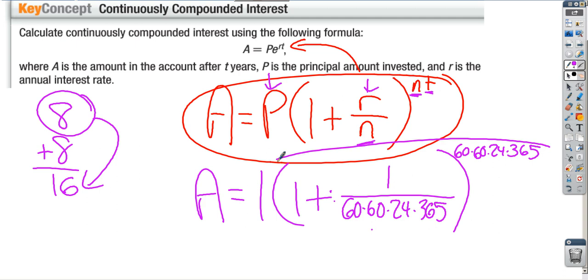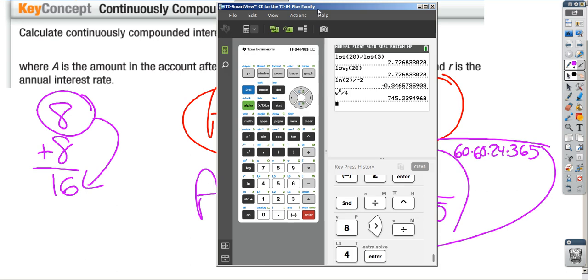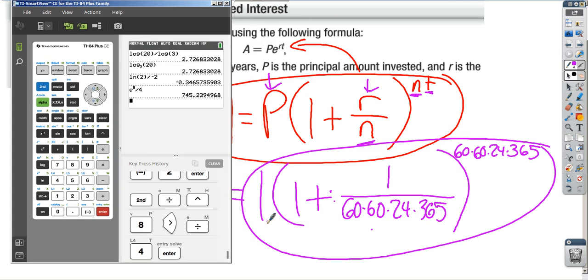So if you take this huge giant number here, and you plug it into the calculator, you're going to see where the number e comes from, because this is why it's called the natural log. It occurs in nature. So let's see if we can conveniently put that in. We don't need the 1 in front, because anything times 1 is itself, so I just need to worry about that big parentheses.